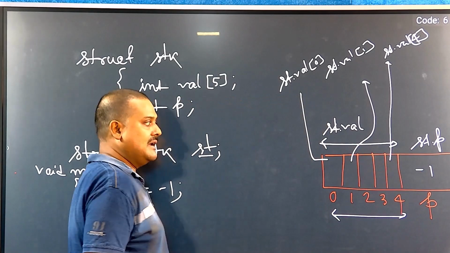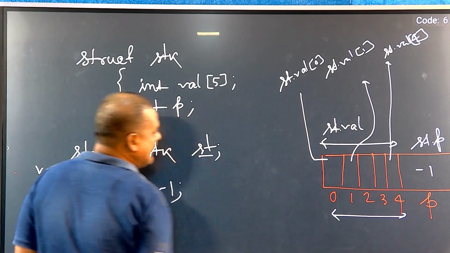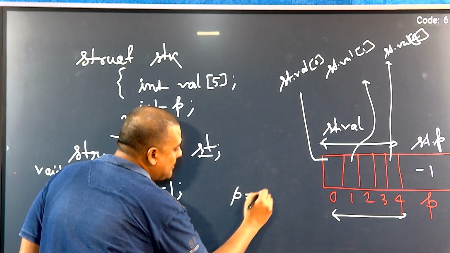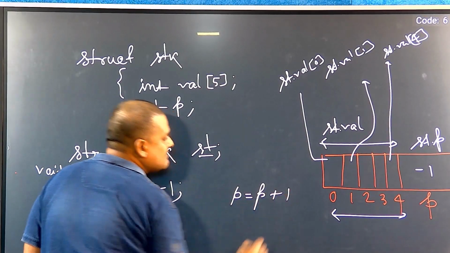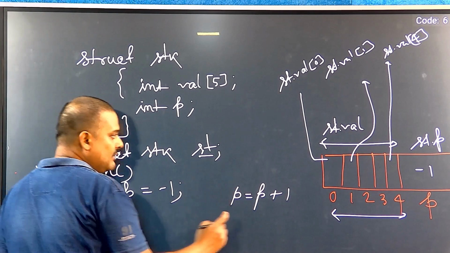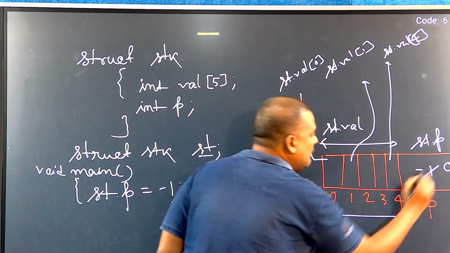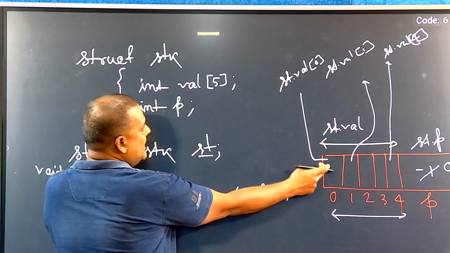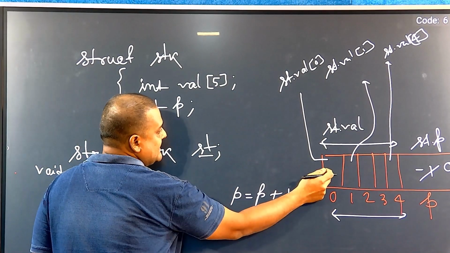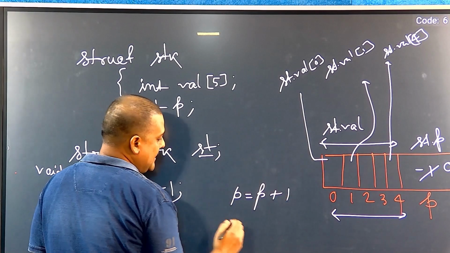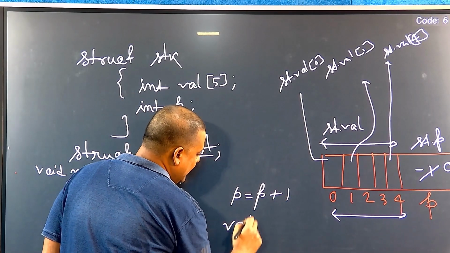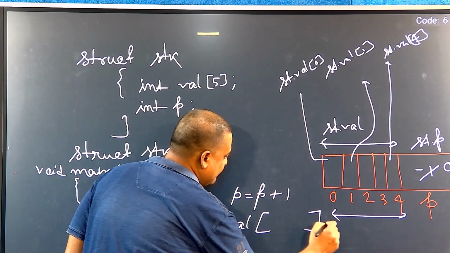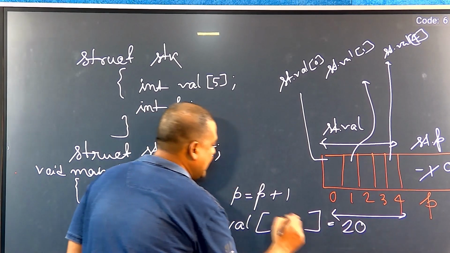P is -1. How do we insert 20 here? First we increment the value of P, P = P + 1, that means P will be 0 now, and in this val location we will insert the value 20.